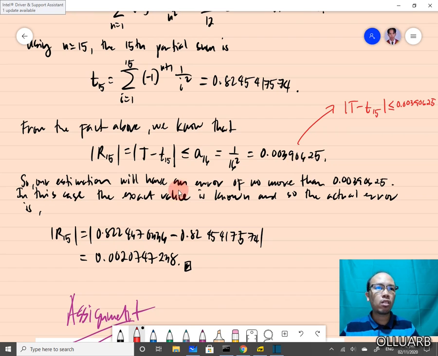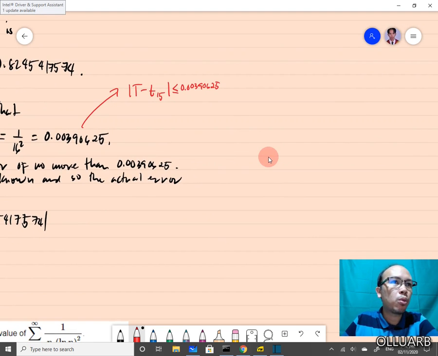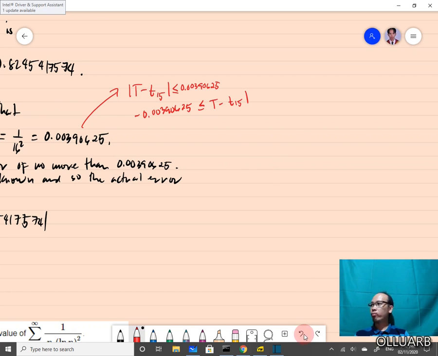That's what we mean by this inequality. However, if you expand this, this is equivalent to negative 0.00390625 less than or equal to t minus t sub 15 is less than 0.00390625.